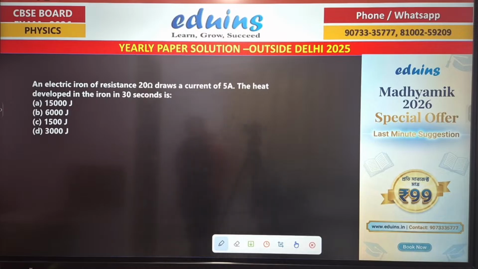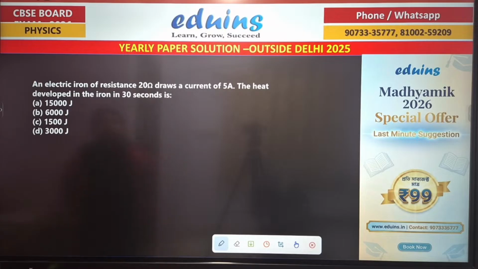We use the formula of Joule's heating. Heating effect of current, Joule's law: H is equal to I square RT, because J becomes 1 as this is in the SI unit. We have to do it in SI system.